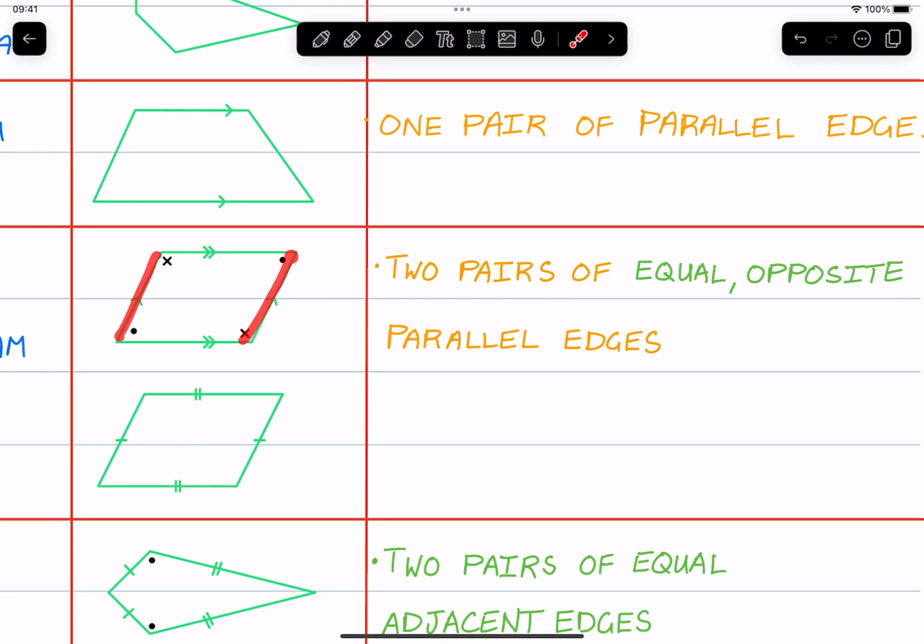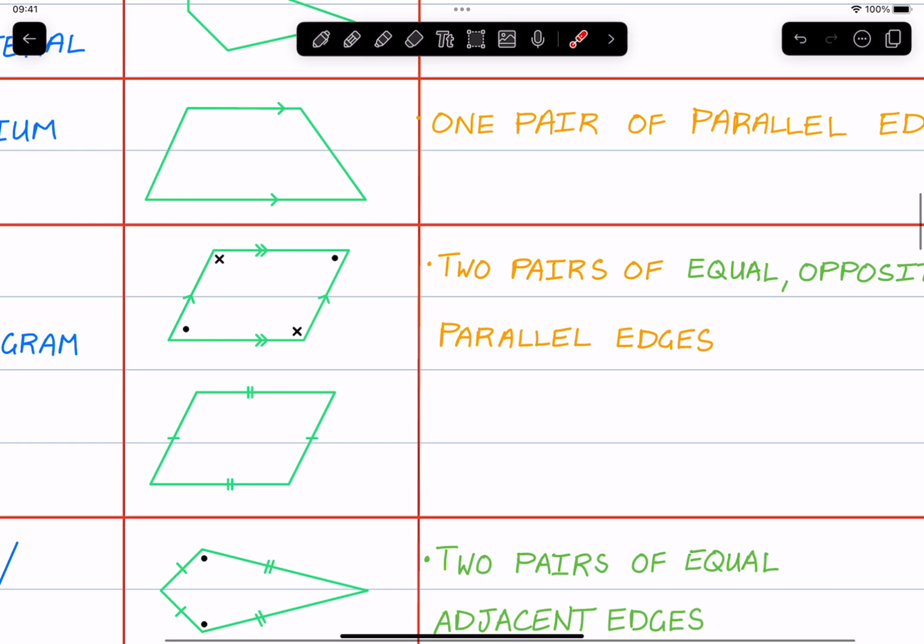And here's the second pair. So these two sides are also parallel, but they are also equal in length. But once again, they are far apart from each other, so they are equal, opposite, parallel edges.